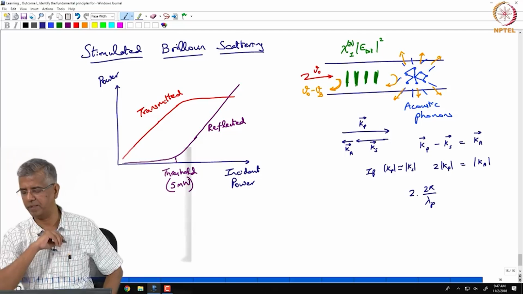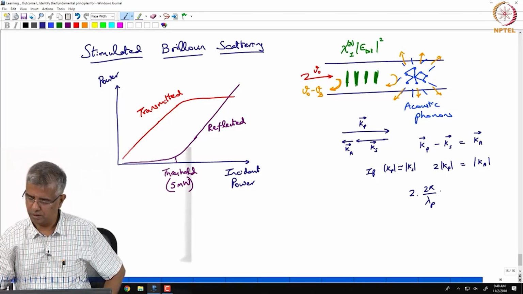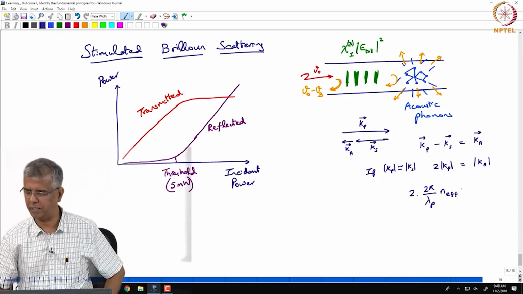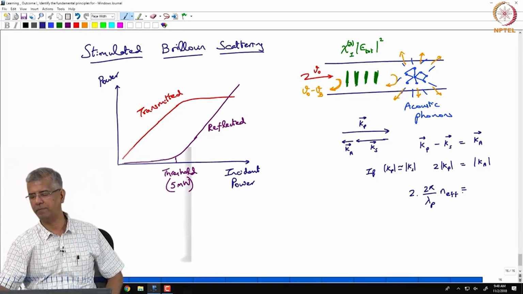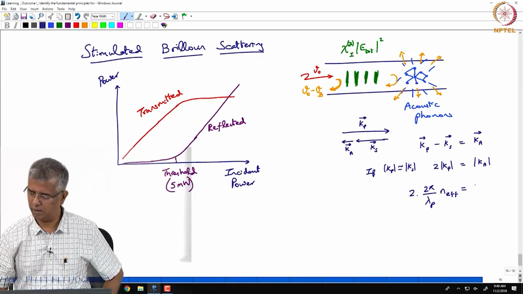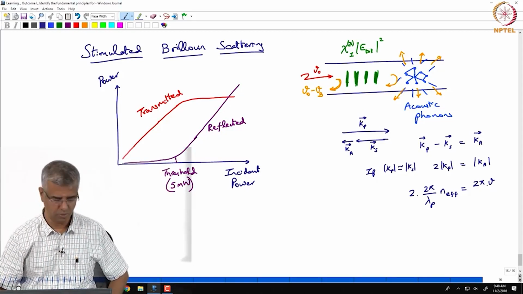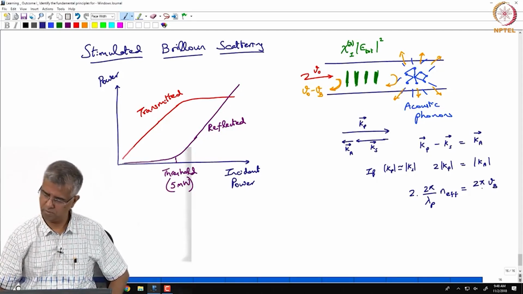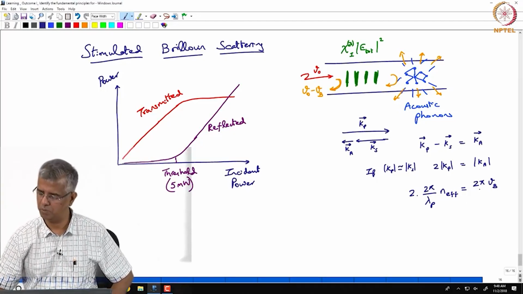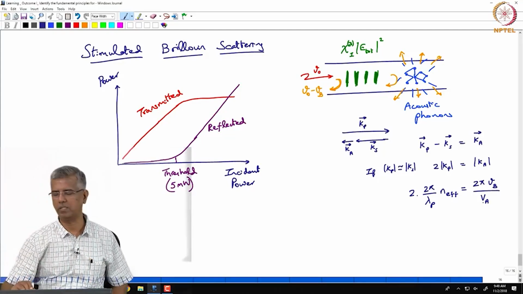Lambda p is the wavelength corresponding to the incident wave, multiplied by n effective, the effective refractive index that the wave is seeing in the fiber. This equals your angular frequency, which is 2 pi nu b, where nu b is the frequency of the acoustic wave, divided by Va, where Va is the velocity.